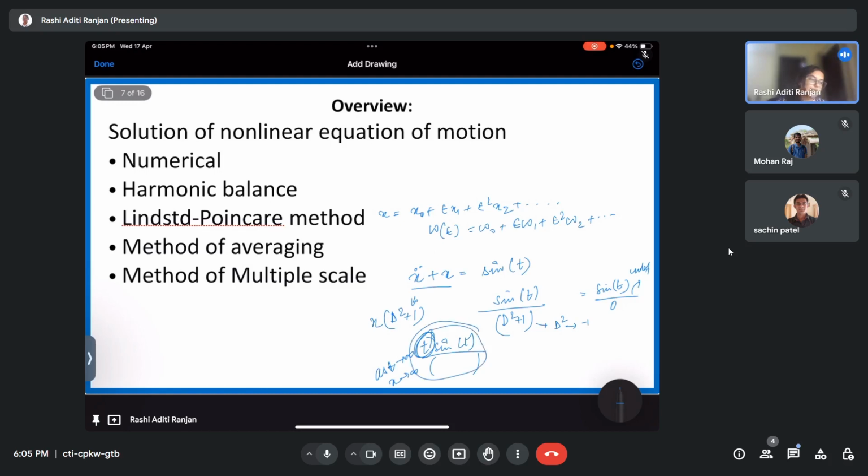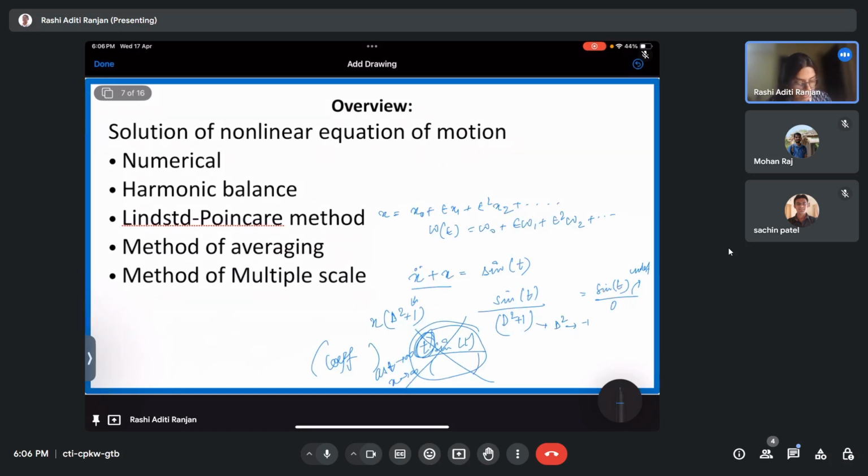So in that case, I neglect this. I say that whatever the coefficient of this term is should be 0 in order to have a stable solution. And that is the idea from where we get the variables of my solution.